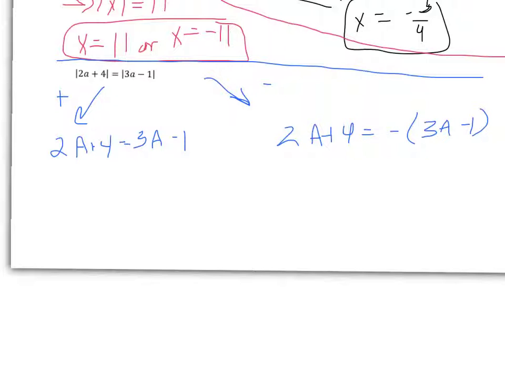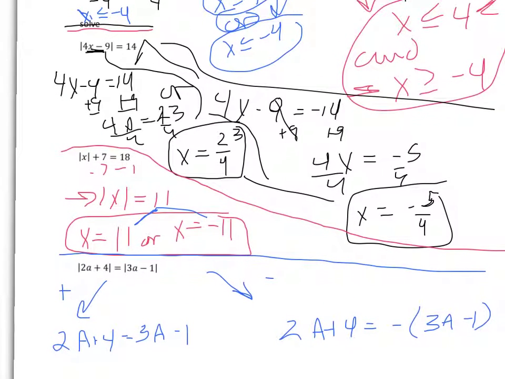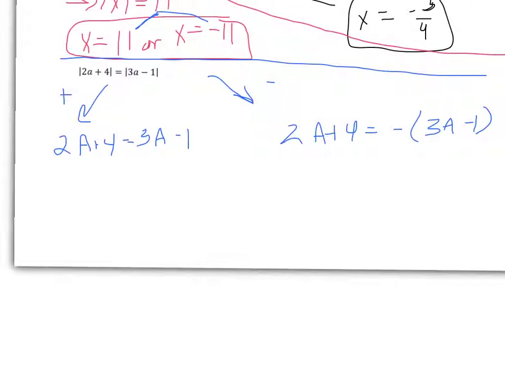So once again, just like we had a positive 11, negative 11, and up here we had our positive 14 and our negative 14, down here we have both a positive and negative case. So now we're charged with solving these equations.